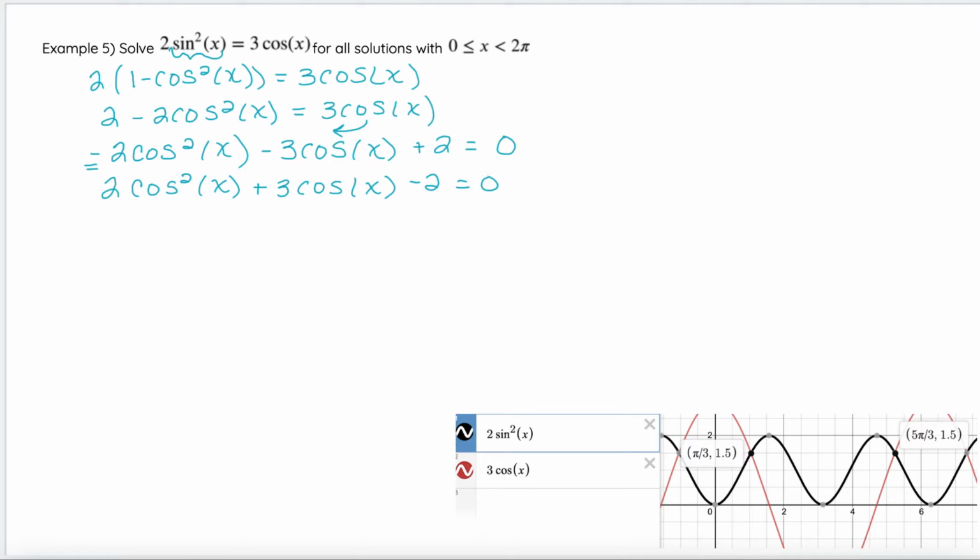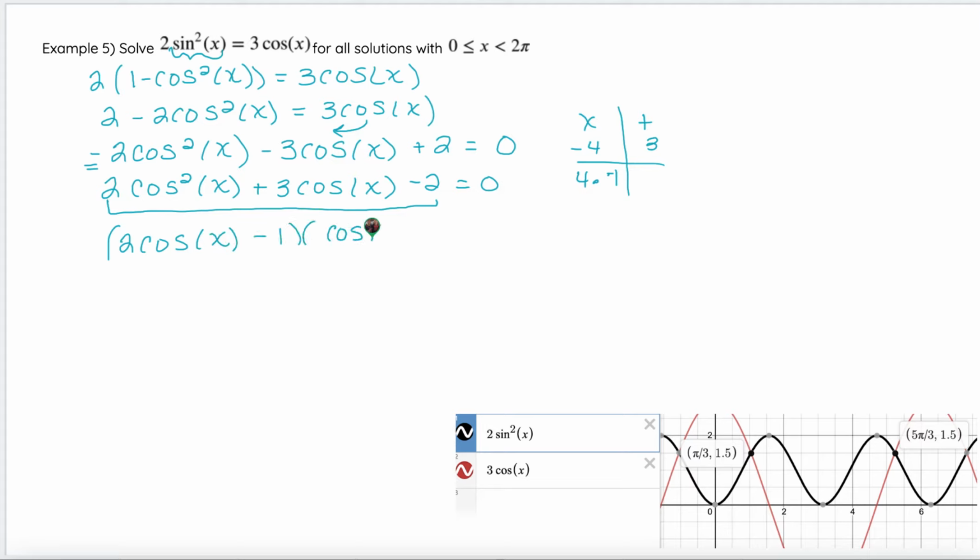We need to find two values that multiply to -4 but add to 3. So 4 times -1 would work. Split our middle term. I'll let you do that on the side. Its factored form is 2 times cosine of x minus 1 times cosine of x plus 2. Set each factored piece equal to 0.